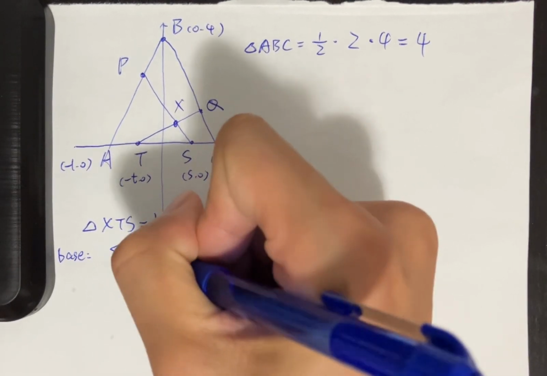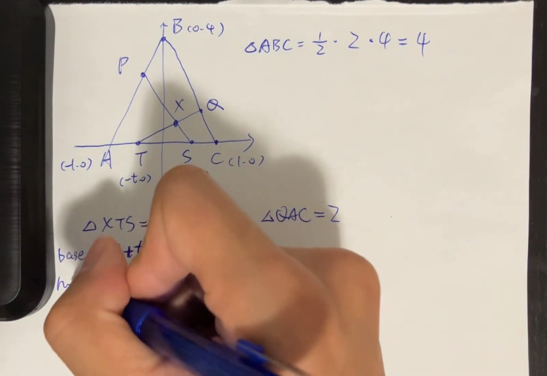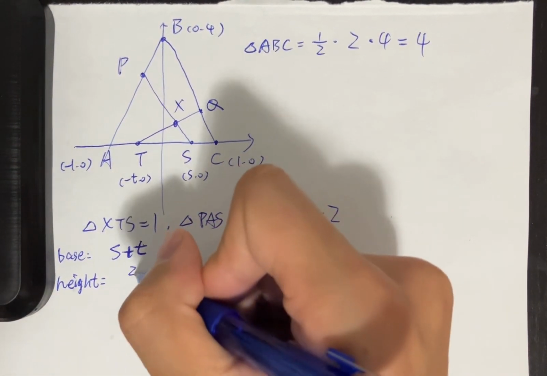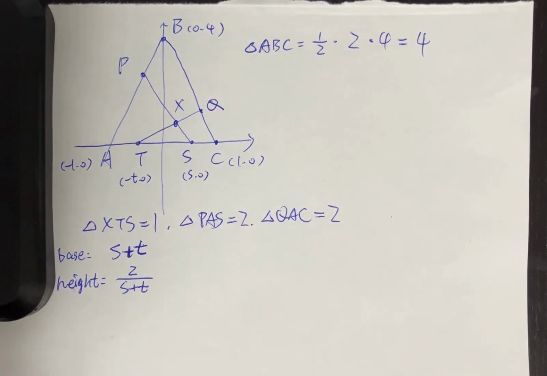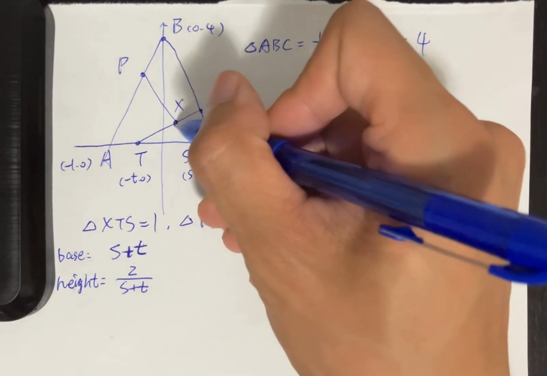It follows that the height should be 2 over S plus T, because the formula is half base times height, and the total area is 1.